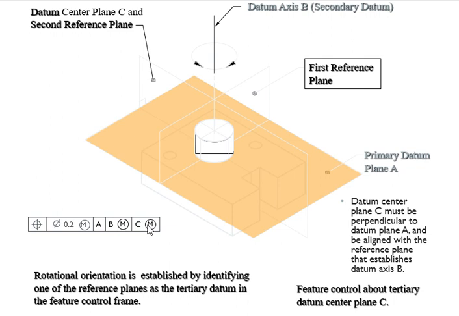So the feature control about that tertiary datum center plane C is the same right here. So now we get your A right there, B right here, and then your C right here. That's it for the first part, and we'll get into the second part.